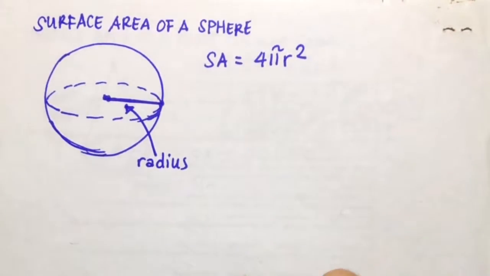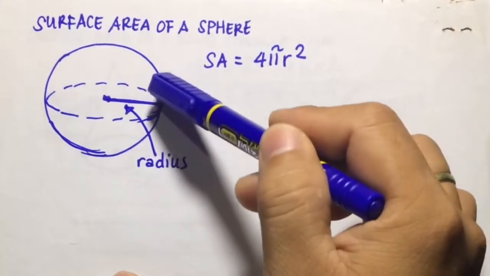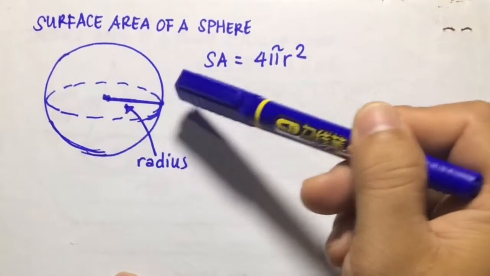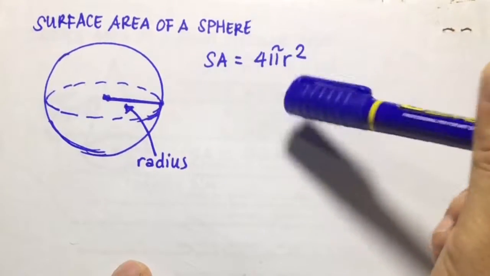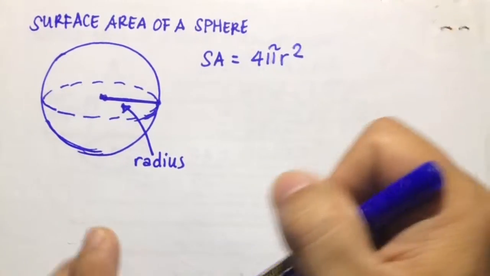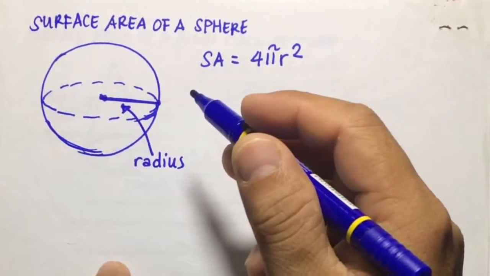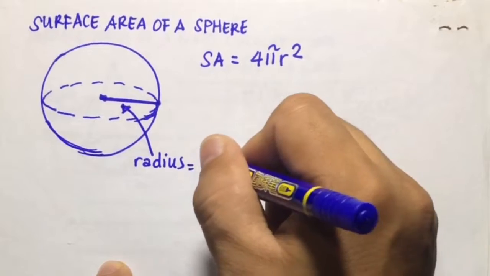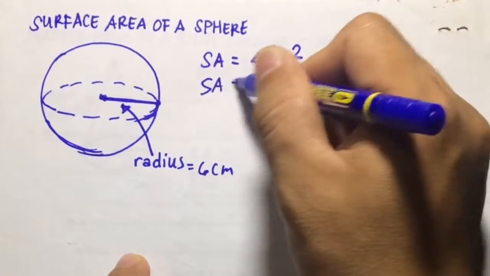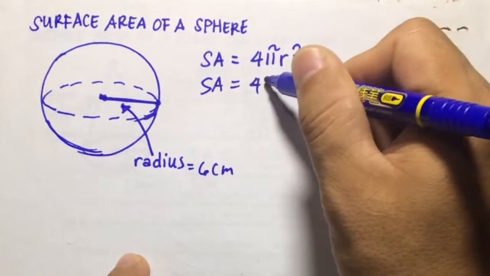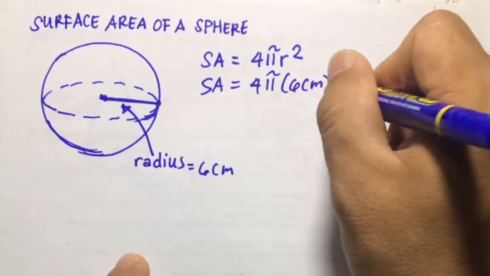The last one is the surface area of a sphere. So this is a sphere here, and this is the radius. Now the surface area of the sphere is given by SA equals 4 pi r squared. Now, for example, if the radius here is equivalent to 6 centimeters, we can have its surface area as SA equals 4 pi times 6 centimeters squared.